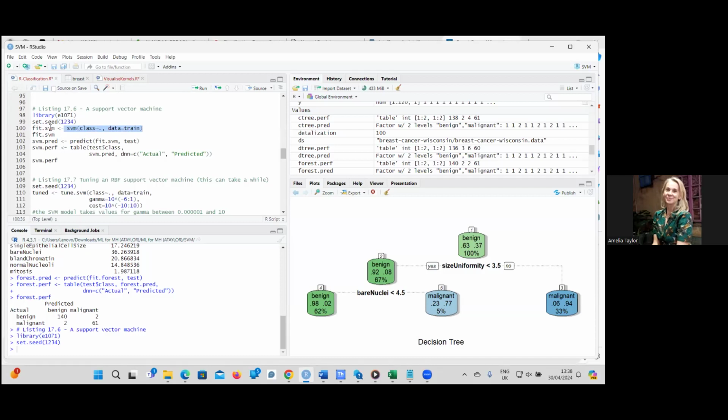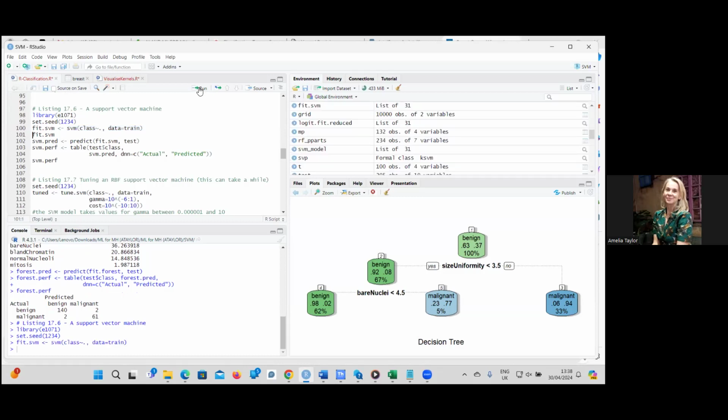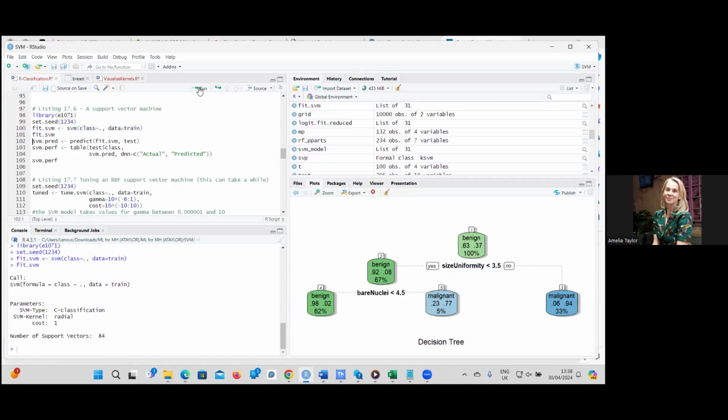Okay, so let's run this and fit. And you have some information about how many support vectors were used. The other thing you see here is that the kernel function being used is what's called the radial basis function. In your notes, I put a comment about this.